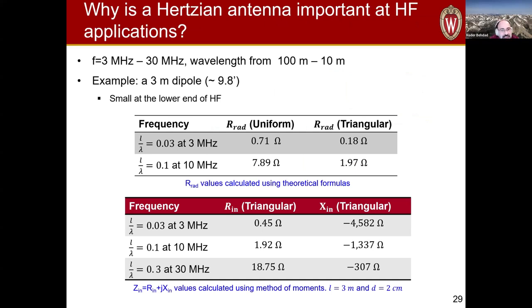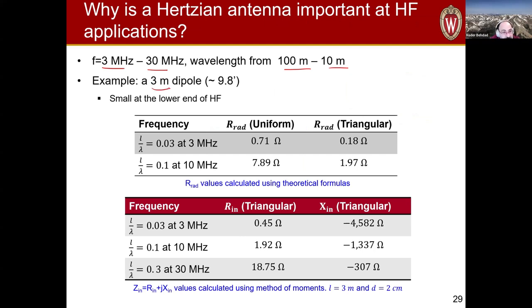So why is this Hertzian dipole antenna an important antenna to analyze for HF applications? At HF, in the frequency range from 3 to 30 megahertz, our wavelength ranges from about 100 meters to 10 meters. Imagine that you have a 3-meter dipole antenna.